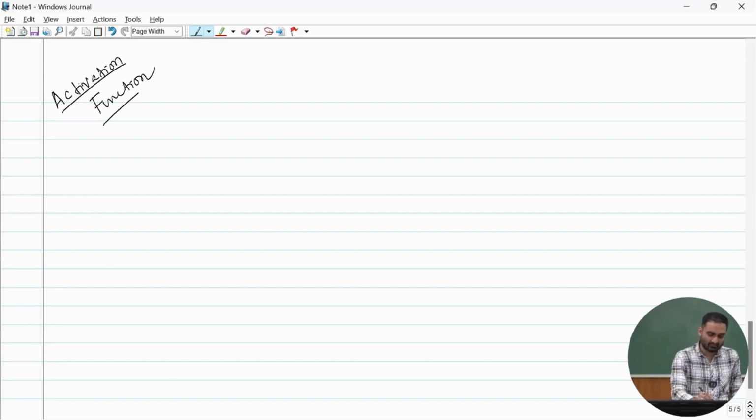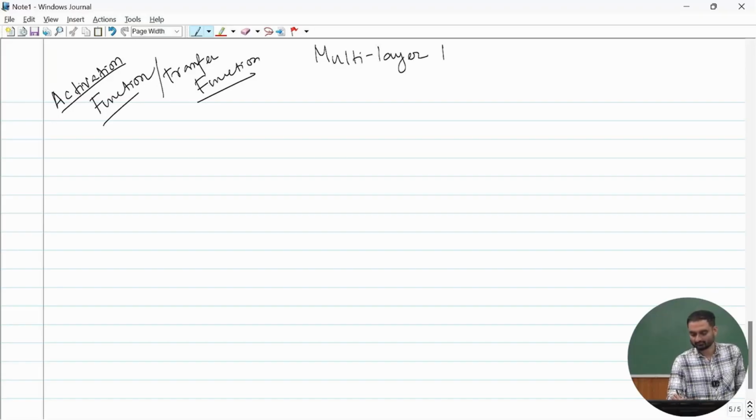The activation function is also called transfer function, and this activation transfer function is mostly used in multi-layer perceptron. So far we have talked about basic perceptron.